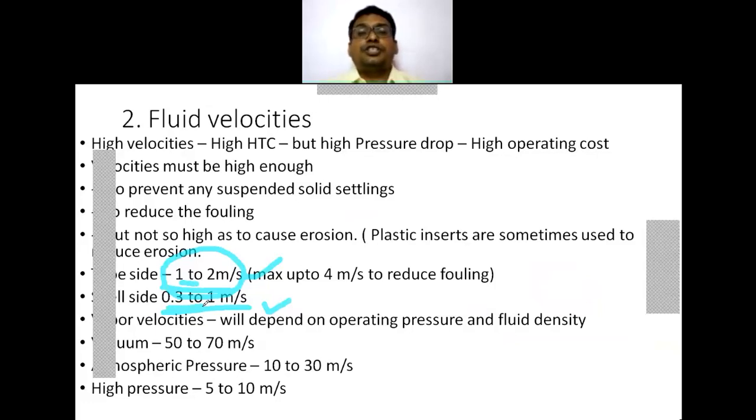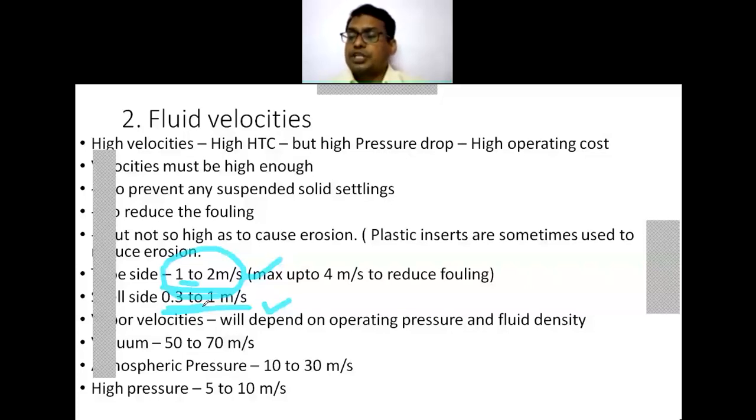If the fluid is at a high velocity, it will provide a higher heat transfer coefficient. But for higher velocities, the pressure drop will also be high. Higher velocities mean turbulent flow conditions, but on the contrary, you will have higher pressure drops.